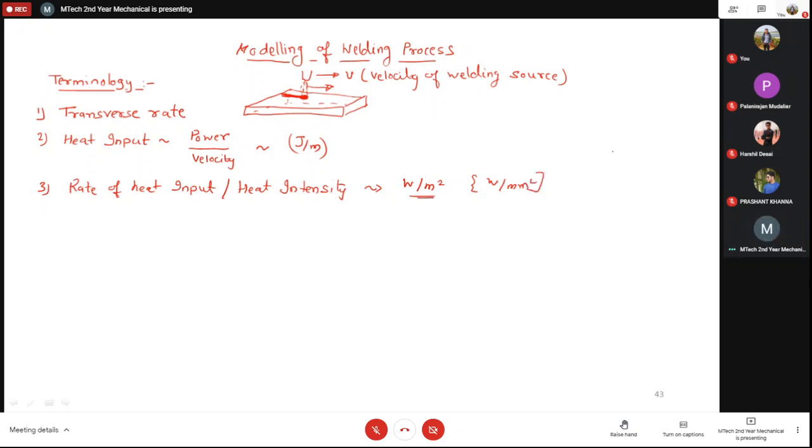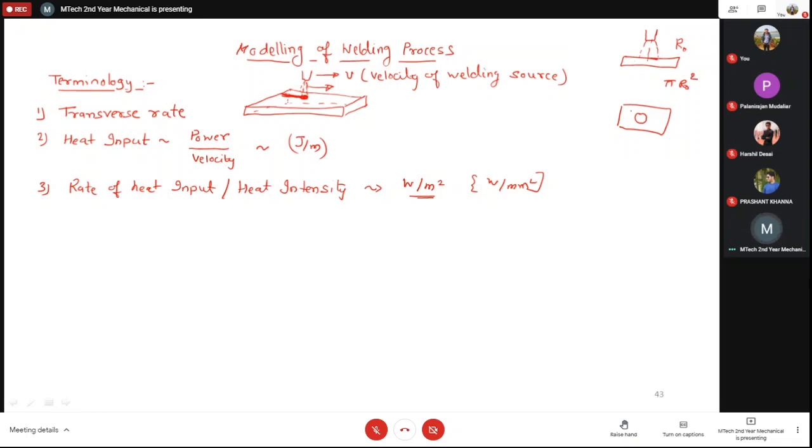If we have this top view, and this is the arc area, let's say we have this arc. This is the workpiece, this is the electrode, and this is the arc. If the radius of the arc is r naught, the area will be pi r naught square.